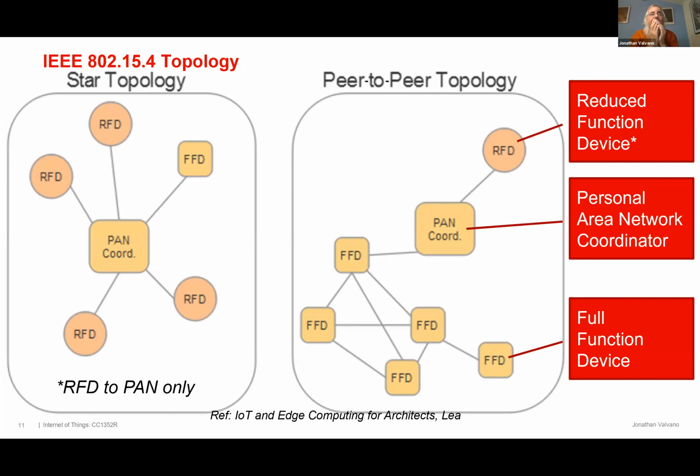And so this is a topology for sub-gigahertz. If you have a PAN coordinator, that's the one sending the beacons. There are 2 things that aren't PAN coordinators: reduced function devices and full function devices.